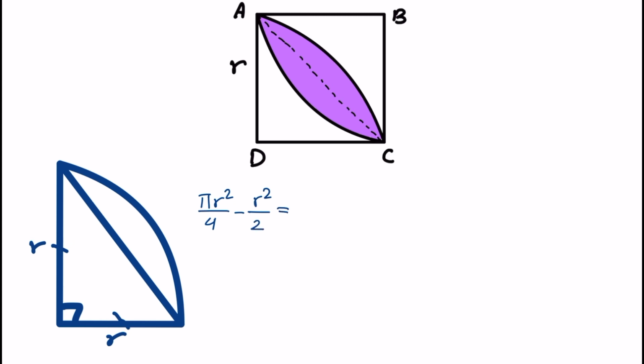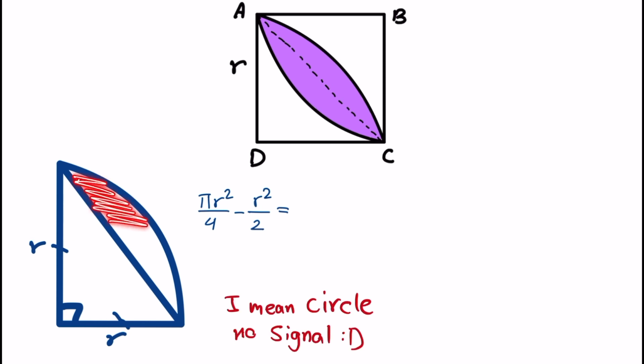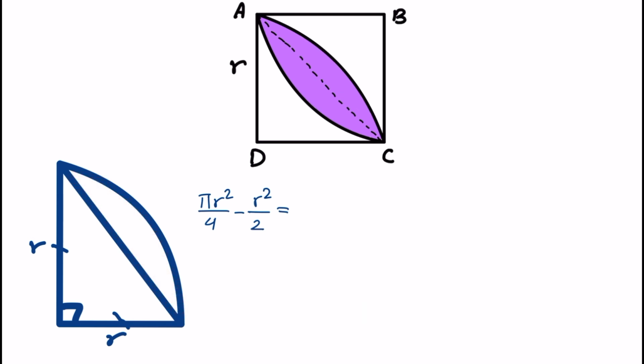If I subtract the area of the right triangle from the area of the quarter circle, I will obtain the area of this region, and this is equal to (pi r squared minus 2 times r squared) over 4.